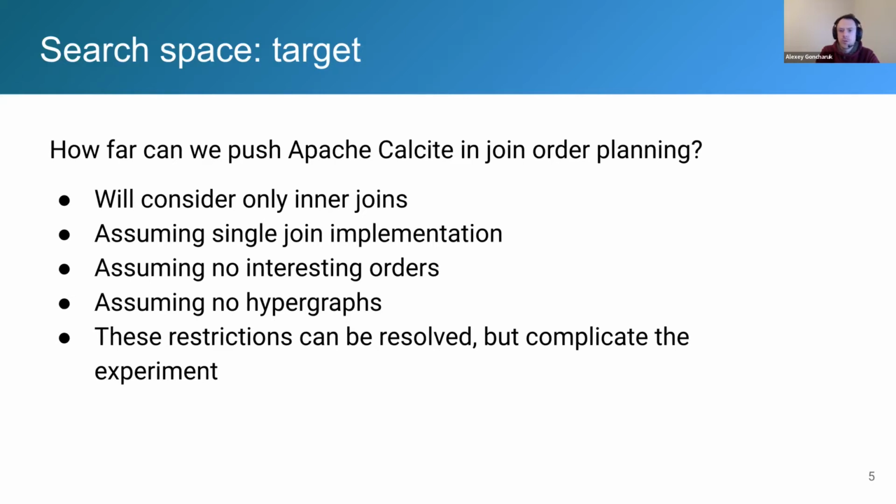We assume no hypergraphs, so no conditions that touch 3 or more tables. And we also consider only inner joins. As I said, there are known techniques that allow to overcome this, but it just significantly simplifies the talk.